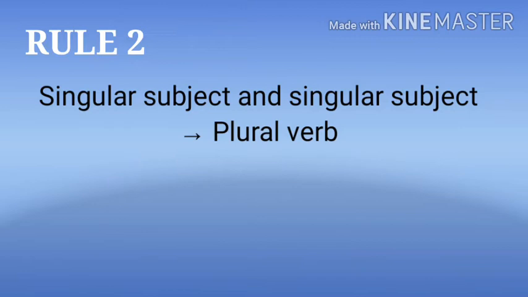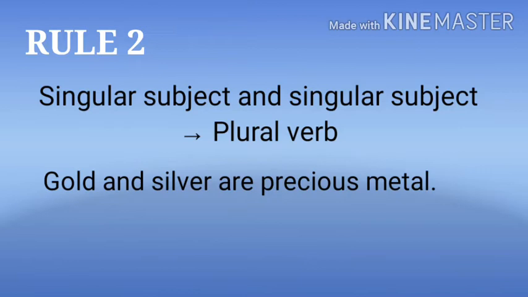Just look at this example. Gold and silver are precious metals. Here we have gold and silver. They are two singular subjects and it will follow are, that is a plural verb.